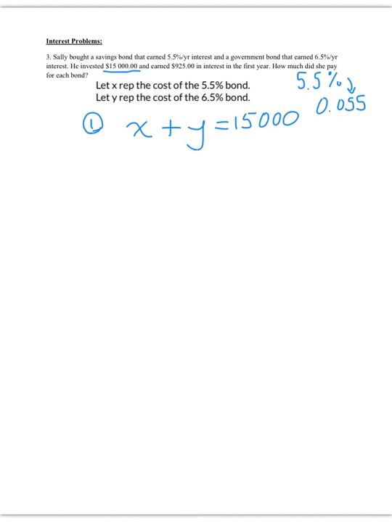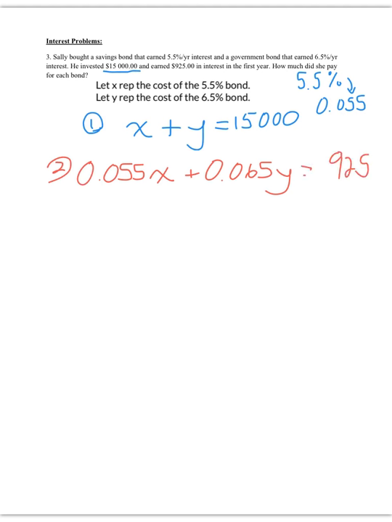So she has 5.5% of her investment in the first bond, and she has 6.5% of her investment in the second bond. So this is the amount of interest. So this is an interest equation. And we know that she earned in total $925 in interest. So again, when you earn interest, you earn a percentage of what you put in.